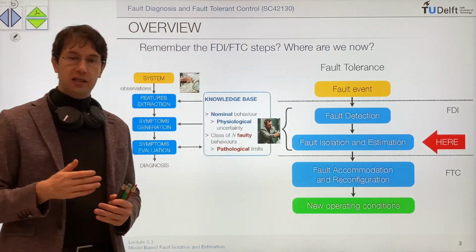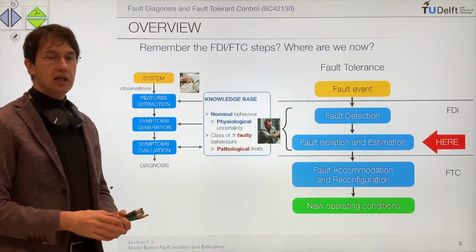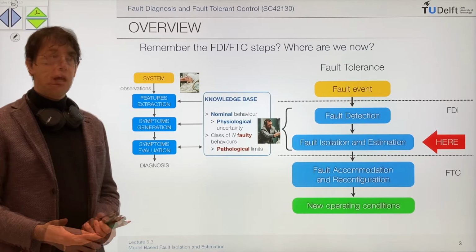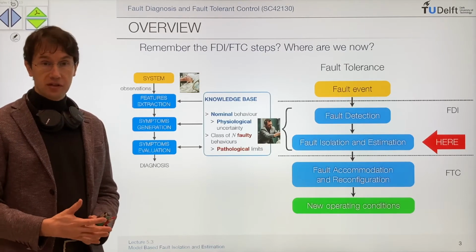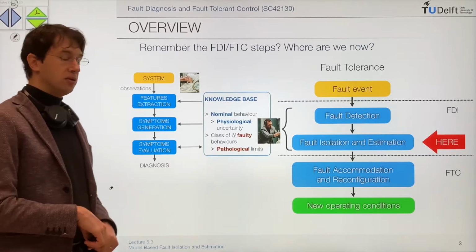So once you have detected that you have a fault, once you know that your patient has some disease, you want to know which one. And also you want to know how severe the disease is, how big the fault magnitude is.